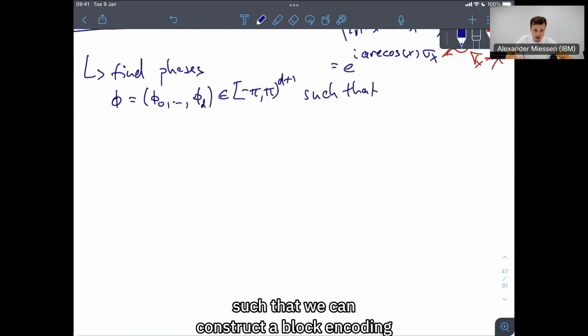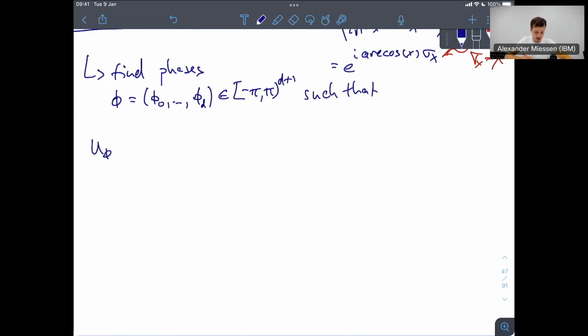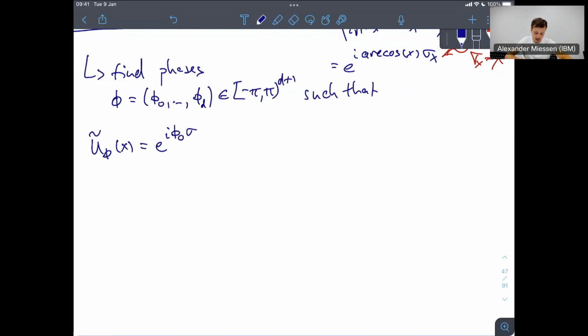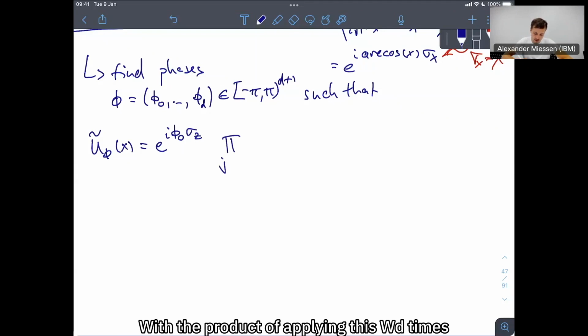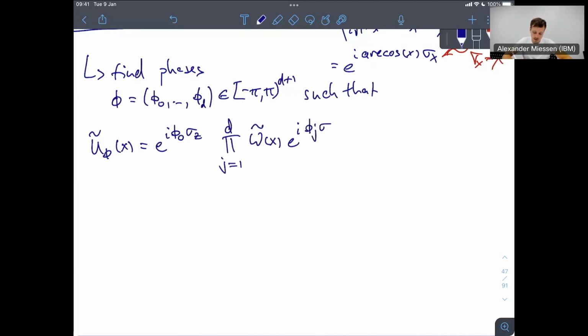Such that we can construct a block encoding of our variable x, which looks like so. We call it U tilde of x. And so we combine all of these phases in these phase gates. Again, here the sigma z is a Pauli matrix, with the product of applying this W d times, or factoring this d times, together with these other phases, okay?